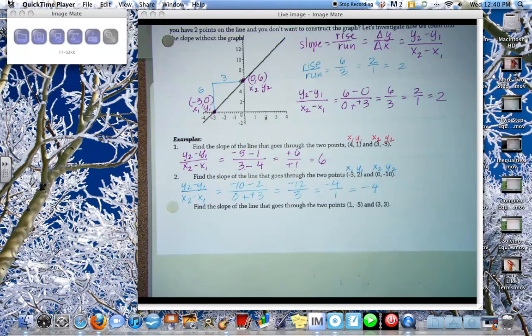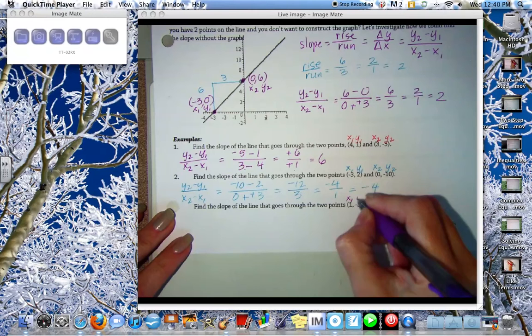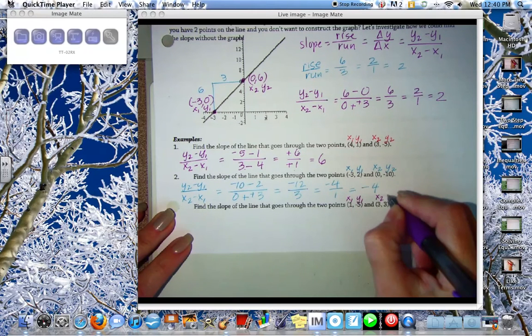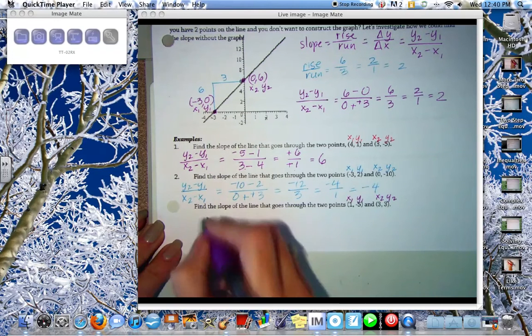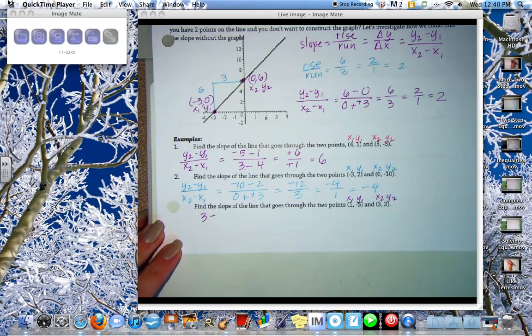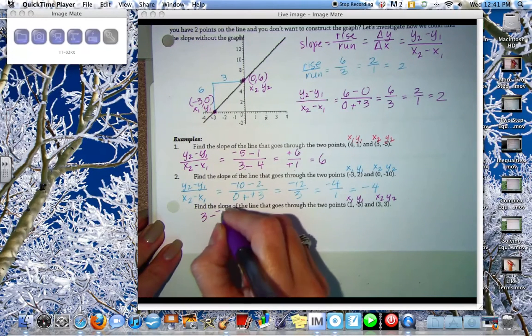All right, third example. Find the slope of the line that goes through the 2 points, 1, negative 5, and 3, 3. So I have x1, y1, x2, y2. So what is my y2 value? 3 minus negative 5.